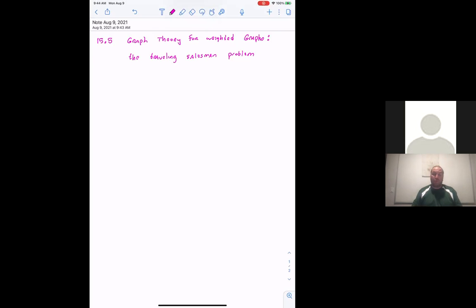In 15.4, a postman has routes that he or she has to travel along, and we want to minimize the time, for example, spent or the distance traveled. So we want the path of minimum weight where we consider the edges as being the primary variable of concern.